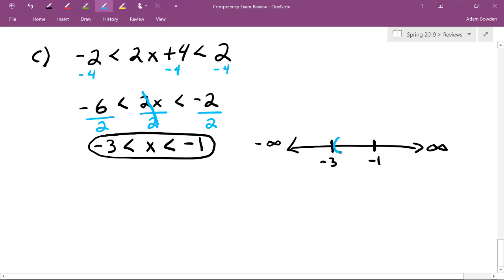So I'm going to put these parentheses here opening up toward each other and shade the region in the middle between the two to indicate that's where our solution is, between negative 3 and negative 1. Then in interval notation, it looks almost the same. We put parenthesis, negative 3, comma, negative 1, close parenthesis.